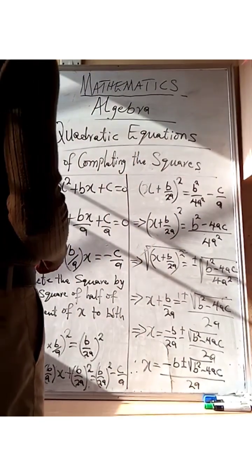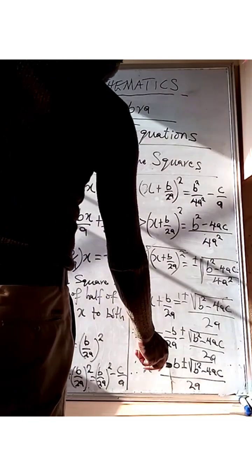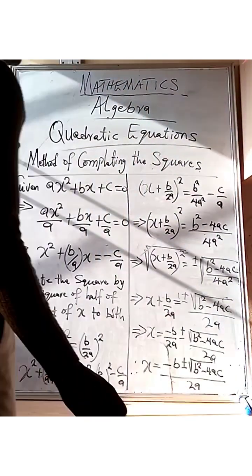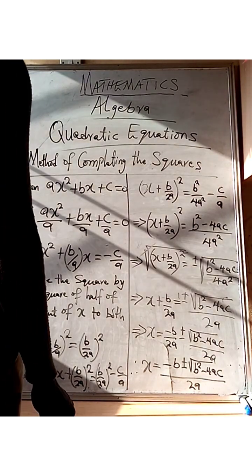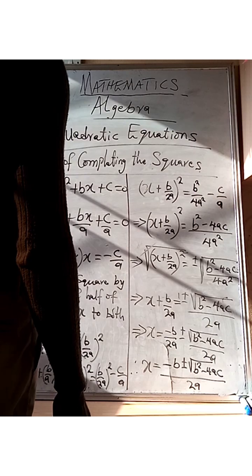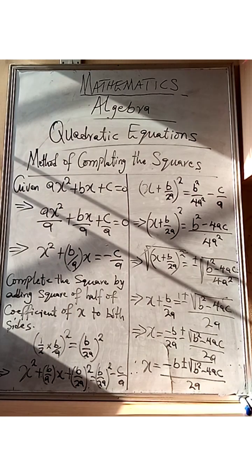Now, this is the quadratic formula. X equals negative b, positive or negative the square root of b squared minus 4ac everything over 2a. This is the quadratic formula that some people call almighty formula. But I can tell you, it can only solve quadratic equations and nothing more.